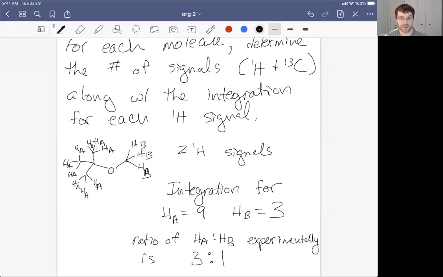So the integral is 9 to 3. Now, experimentally, you don't get the numbers 9 and 3. You get a big peak for HA, a little peak for HB, and their relative areas after you divide by the greatest common denominator would be 3 to 1. So that is what I was trying to go for when I talked about the integration.